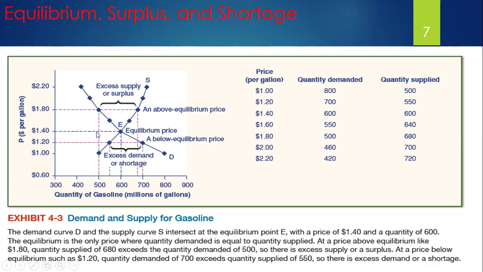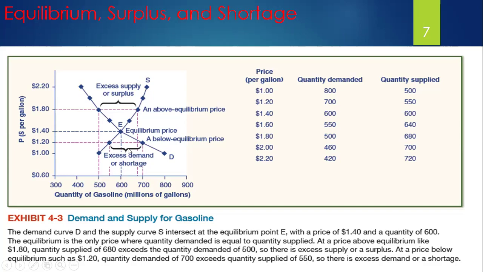The demanded quantity, the market needs 500 units, while the market is willing to supply 680. See, this is before 700, so 680. The suppliers are willing to offer that much, or they're actually offering 680, while the market is only in need of 500 units.